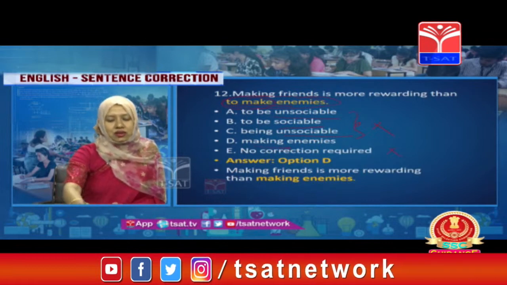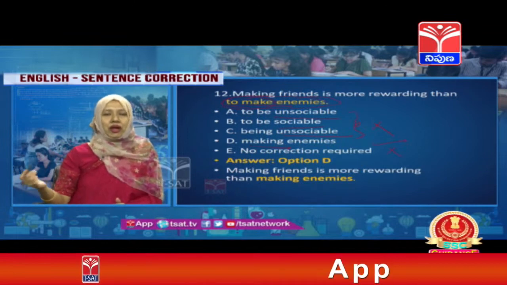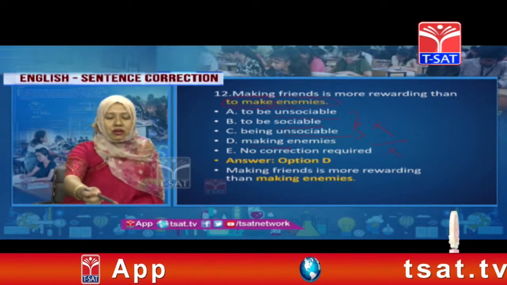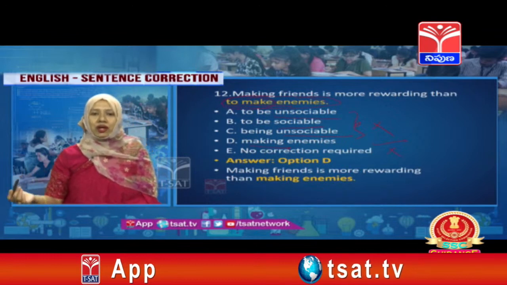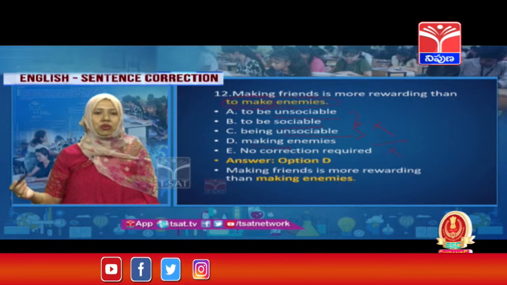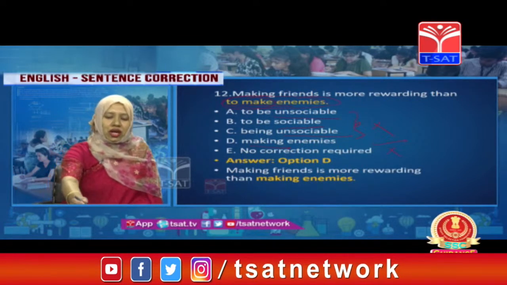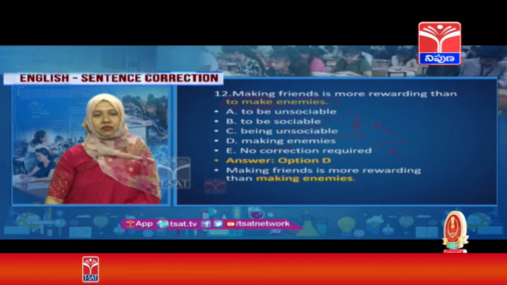So, the correct option is making enemies. Making friends is more rewarding than making enemies. If you read the sentence with the other options, making friends is more rewarding than to be unsociable, making friends is more rewarding than to be sociable, all these options are wrong. So, eliminate all these, you are left with option D, which is the correct option.